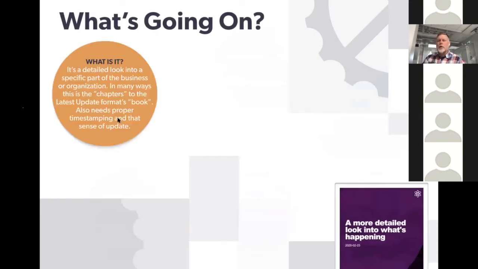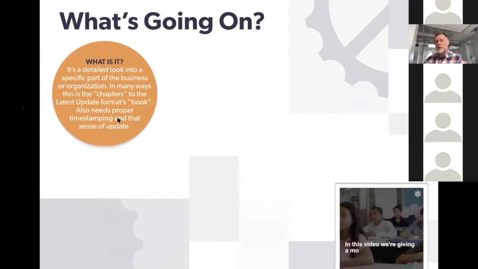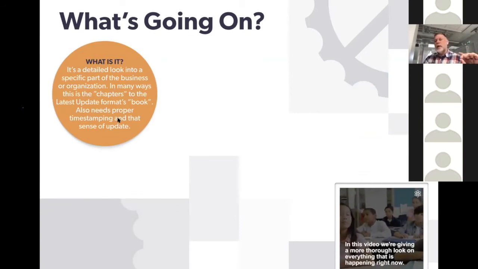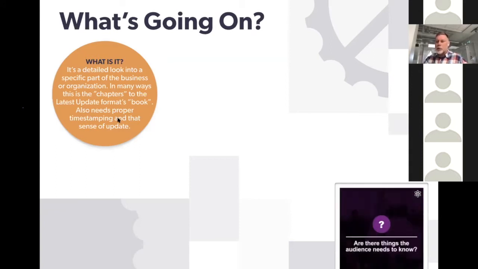So our next format we call What's Going On. I've written that this is in many ways the chapters to the latest updates book, if you like. It's kind of the same format, but it should go into much greater detail of what's happening in a specific part of the organization.